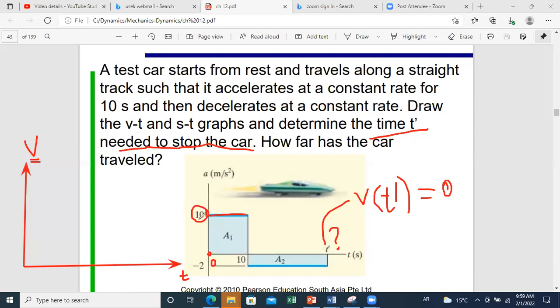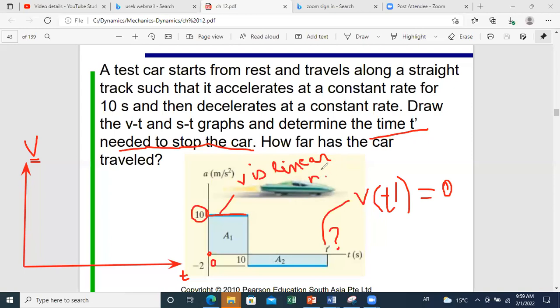I am sure that here V is linearly increasing. So I just need 2 points to draw the graph of velocity. First, they told me that the car started from rest, so I know a boundary condition.